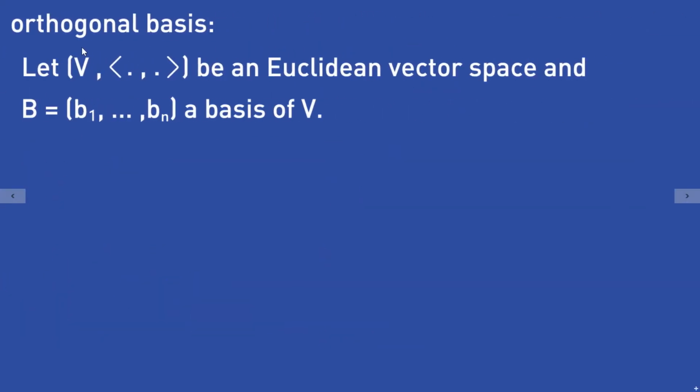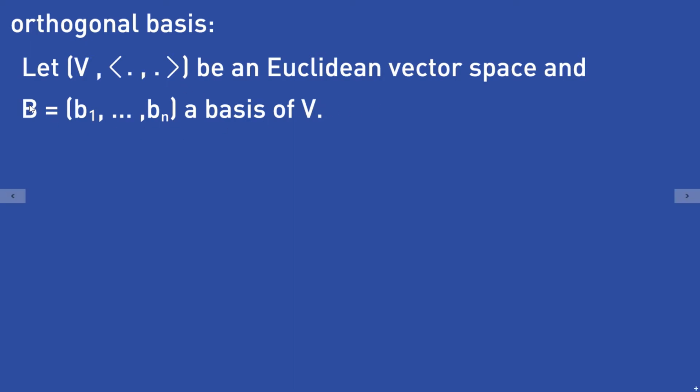Let V be an Euclidean vector space. So an Euclidean vector space is a vector space V over the field of the real numbers R together with a scalar product. That scalar product is denoted like that. A scalar product is a positive definite symmetric bilinear form.